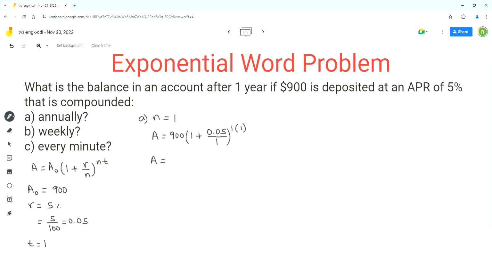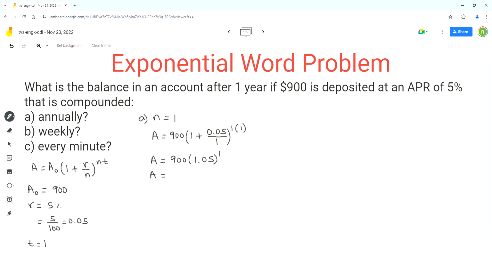Now we have to evaluate this expression. We'll start by simplifying the terms in the parentheses. 0.05 divided by 1 is just 0.05 and 1 plus 0.05 is equal to 1.05. And the exponent is 1. 1.05 to the power 1 is just 1.05.